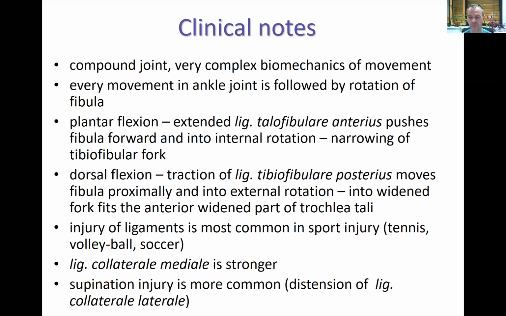This is a rotation of the fibula, as the tibia is the main weight-bearing structure, and the fibula can easily rotate. That's why the fibula rotates a bit during these movements, internally during plantar flexion and externally during dorsal flexion.